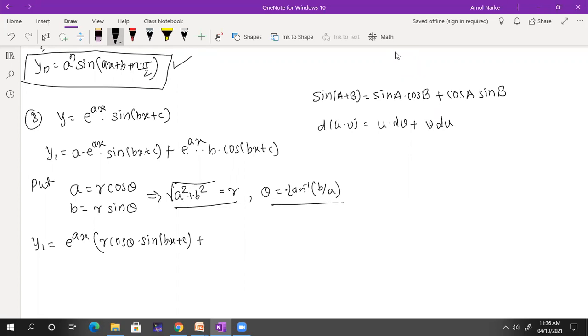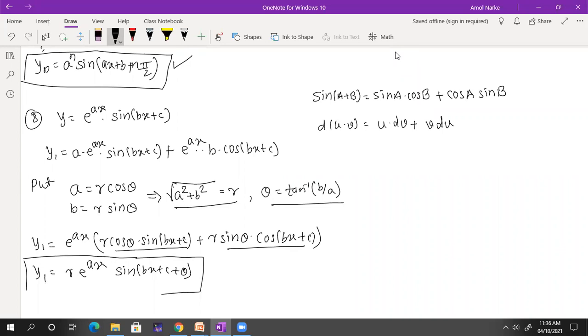So r sin theta into cos bx plus c. So which formula will work here? Can someone tell me? I can take r also outside, e raised to ax also outside. So what should I write down for this? Sine of theta plus bx plus c. Sine bx plus c plus theta, can I write down? So this is nothing but my y1.